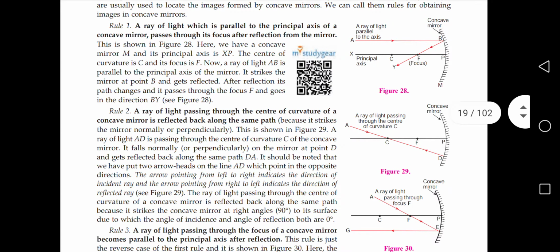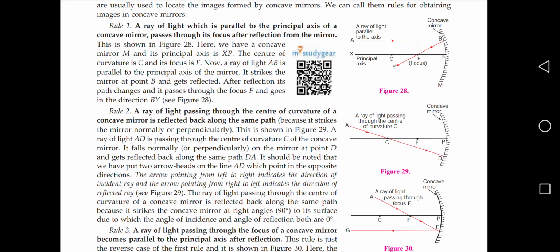The second rule is that a ray of light passing through center of curvature of a concave mirror is reflected back along the same path without any deviation. Right? So in figure 29, you can see that there is a ray of light, that is AD, which is passing through center of curvature, and it is hitting the concave mirror at point D, and the way it has come, it is going to trace the same path.